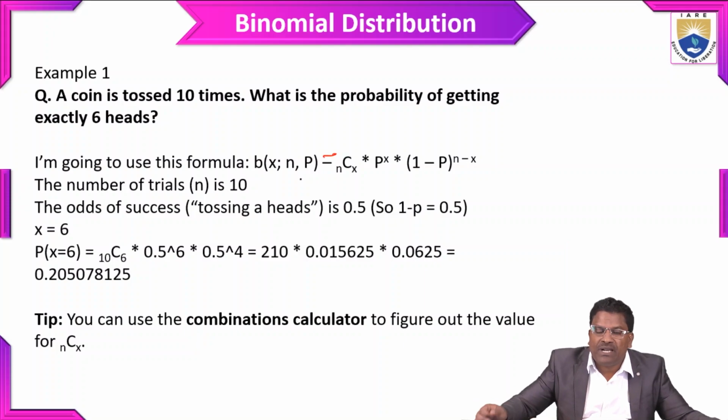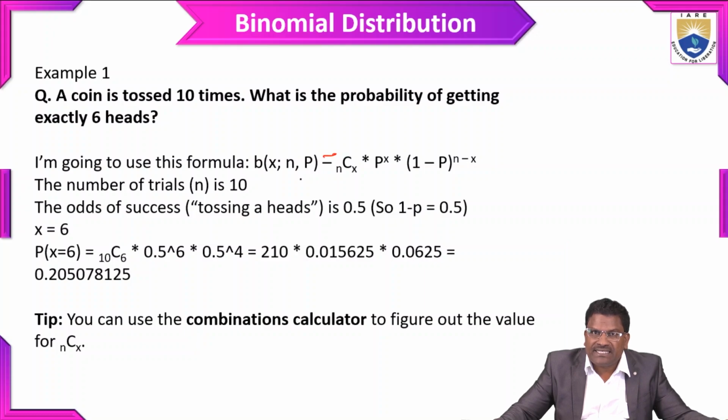So use the formula. n is 10, x is 6, p is 1 by 2, q is 1 by 2. Placing them in: 10C6, into 1 by 2 to the power 6, into 1 by 2 to the power n minus x, which is 10 minus 6, that is 4.